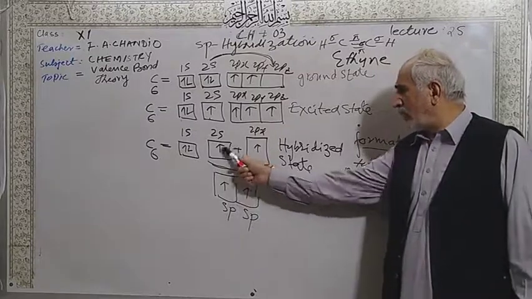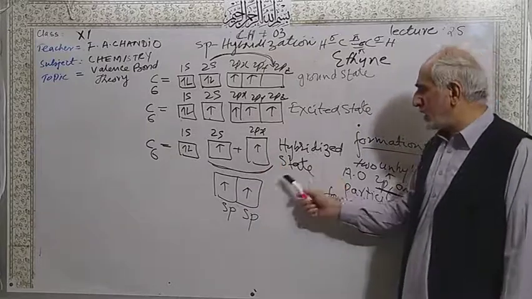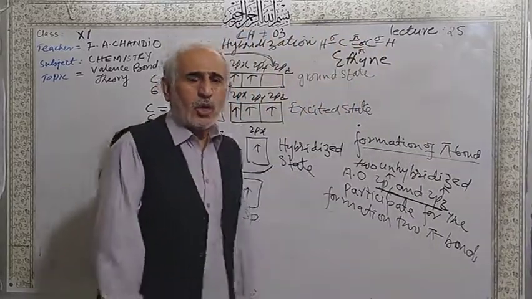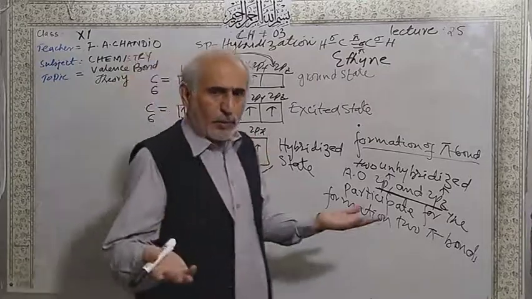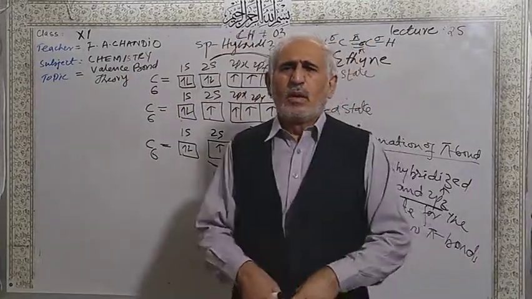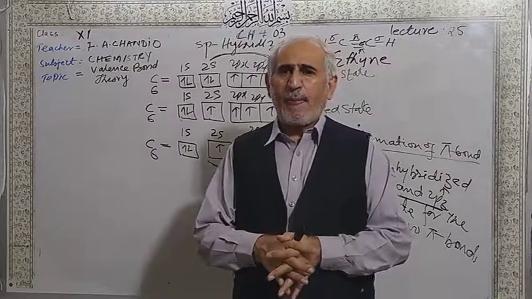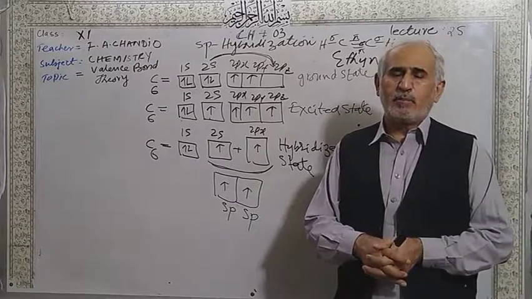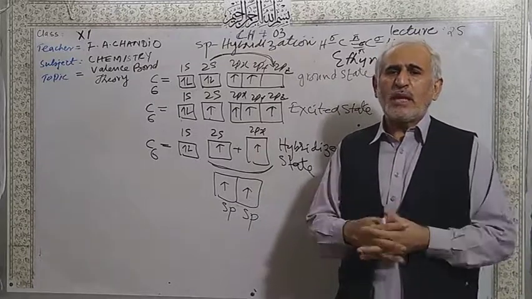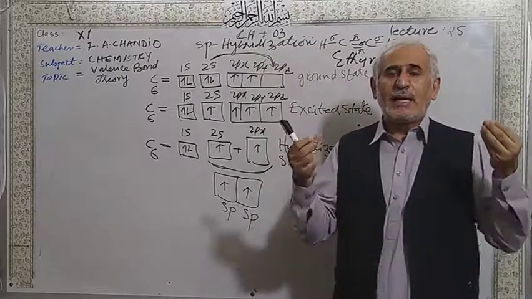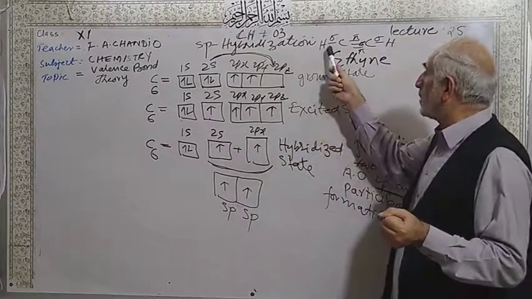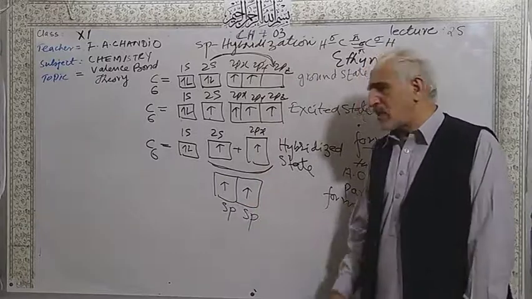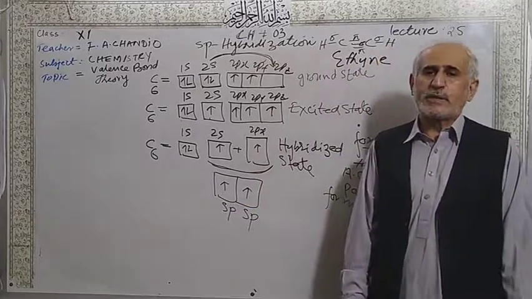So they intermix by the hybridization process, and you will get the 2sp hybridized atomic orbitals. I am repeating again that these 2sp hybridized atomic orbitals are only responsible for forming the sigma bonds. 1, 2, 3 sigma bonds are going to be formed by the 4 sp hybridized atomic orbitals.